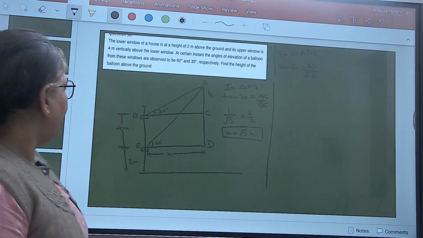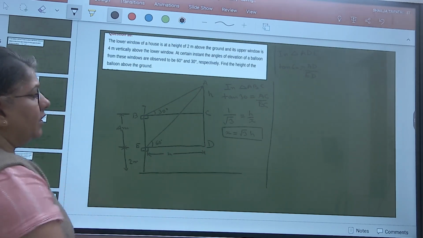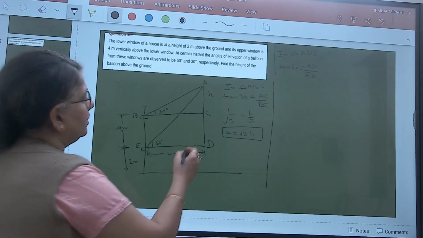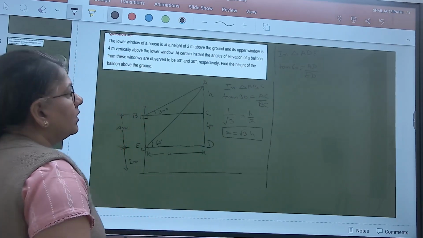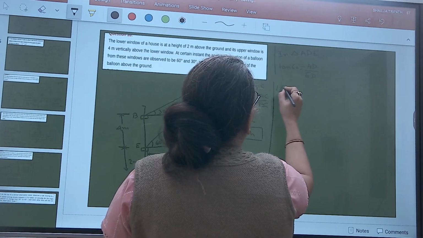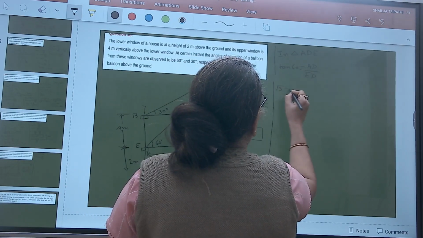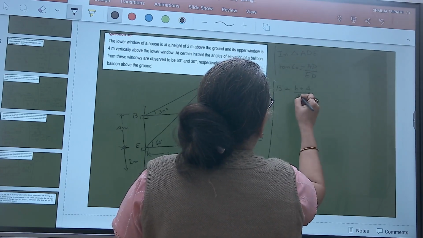AD will be H plus 4 because this CD distance is 4 meters. So we can write tan 60 is root 3, AD is H plus 4 and ED is X.